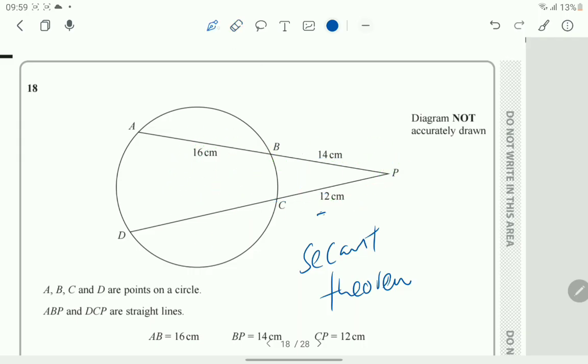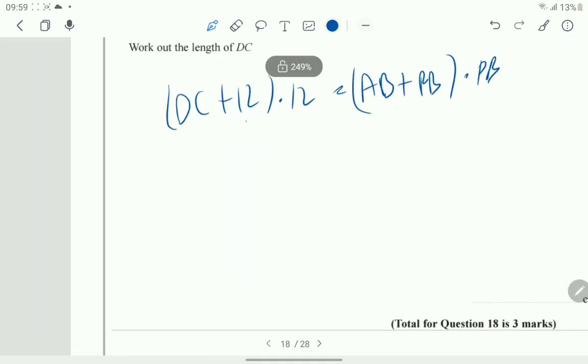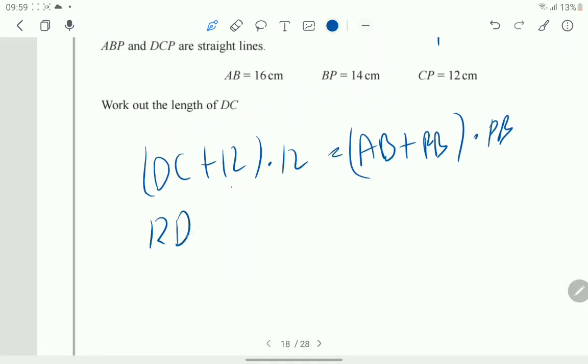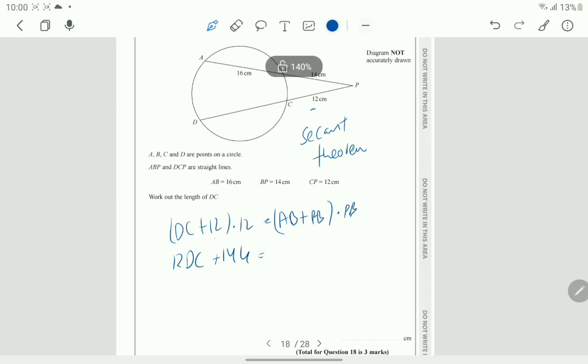So let's just solve. We have 12 DC plus 144, and we have 30. 16 plus 14 is 30. 30 times 14. 12 DC equals 420 minus 144.